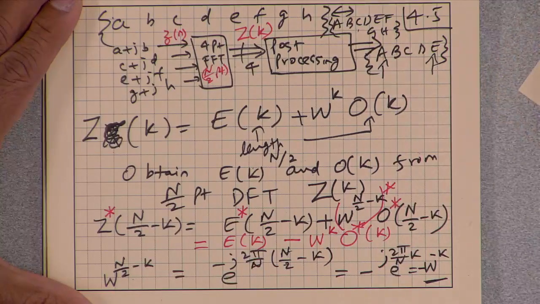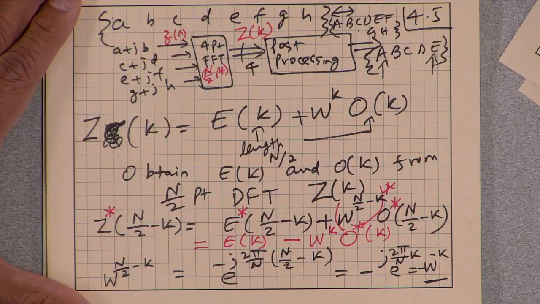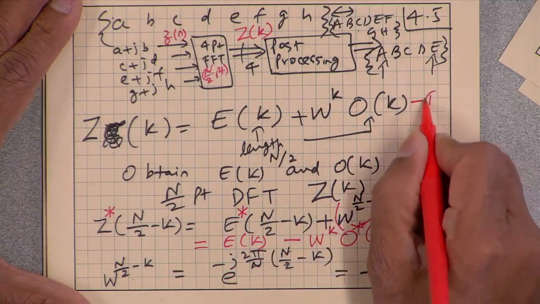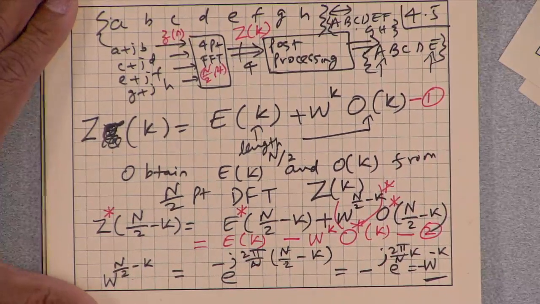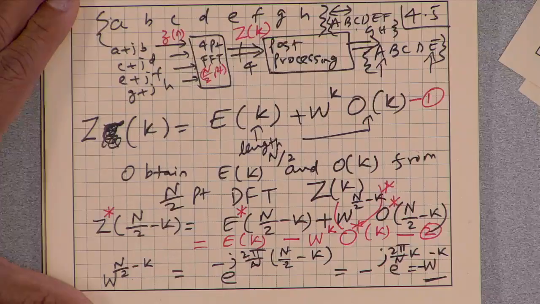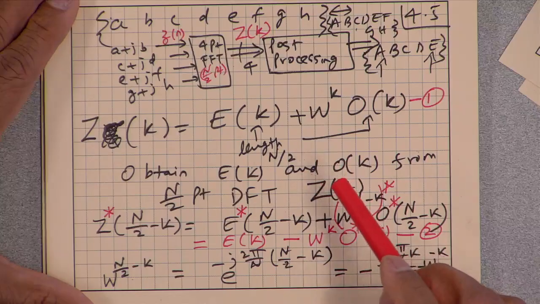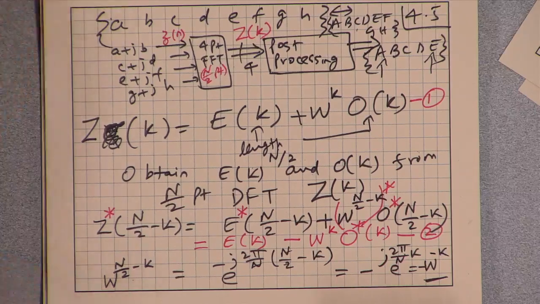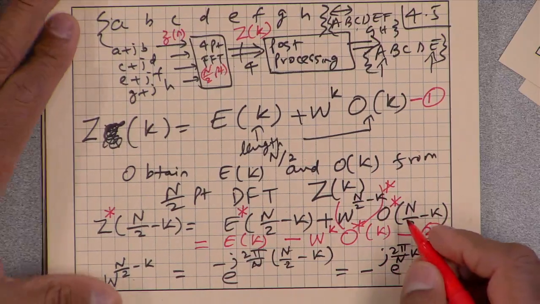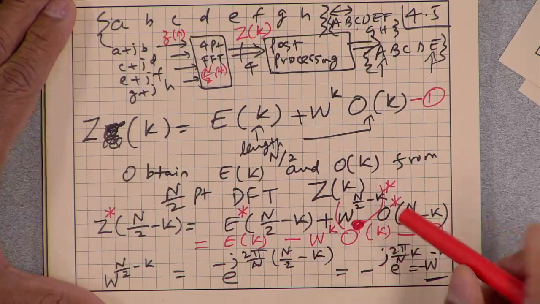All right, so now we have two equations, 1 and 2, and in school, in 6th, 7th grade, we have seen these kinds of things, right? I made a small mistake here. This is Ok. O conjugate n by 2 minus k is Ok.